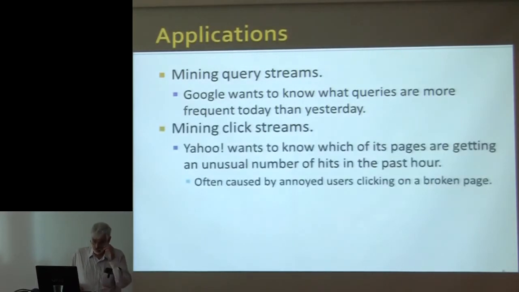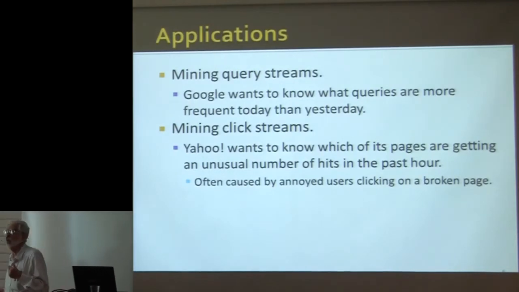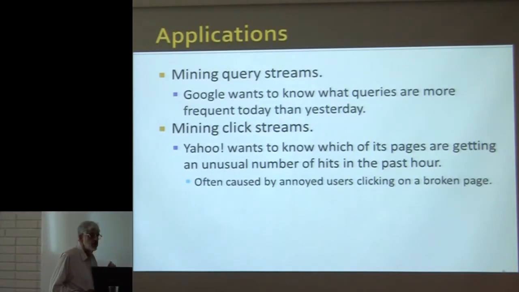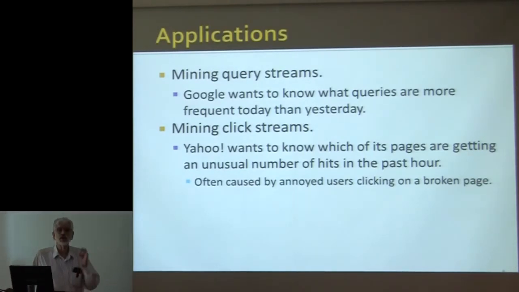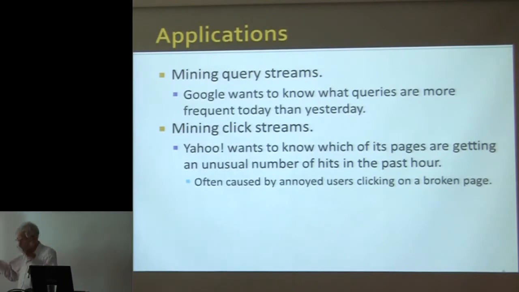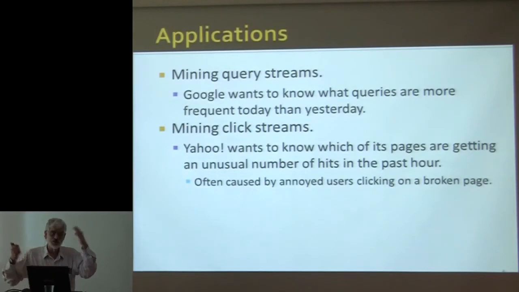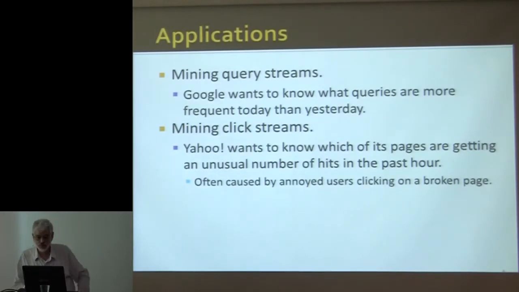An interesting application, which was actually used by Yahoo in practice, is they wanted to know about pages of theirs that are being clicked more frequently this hour than the previous hour. And the reason, well, sometimes that's because something has happened and everybody needs to know about Justin Bieber or something like that.